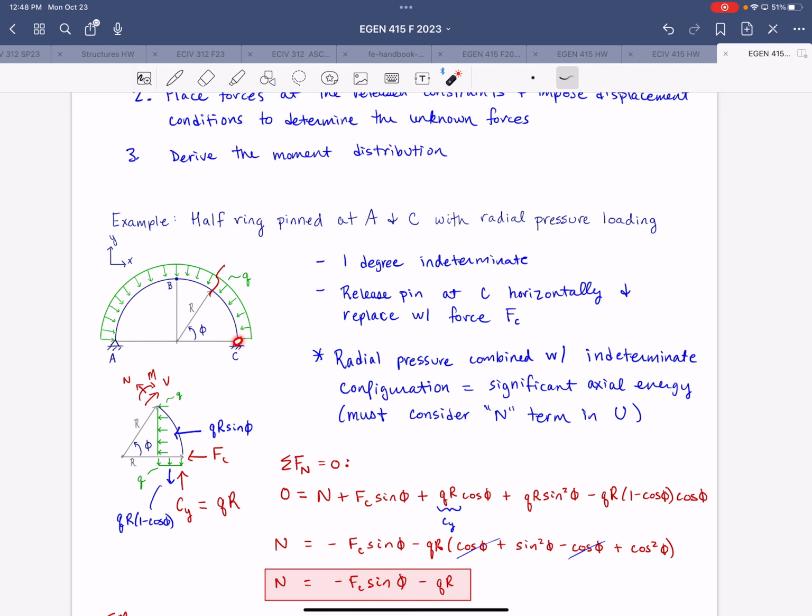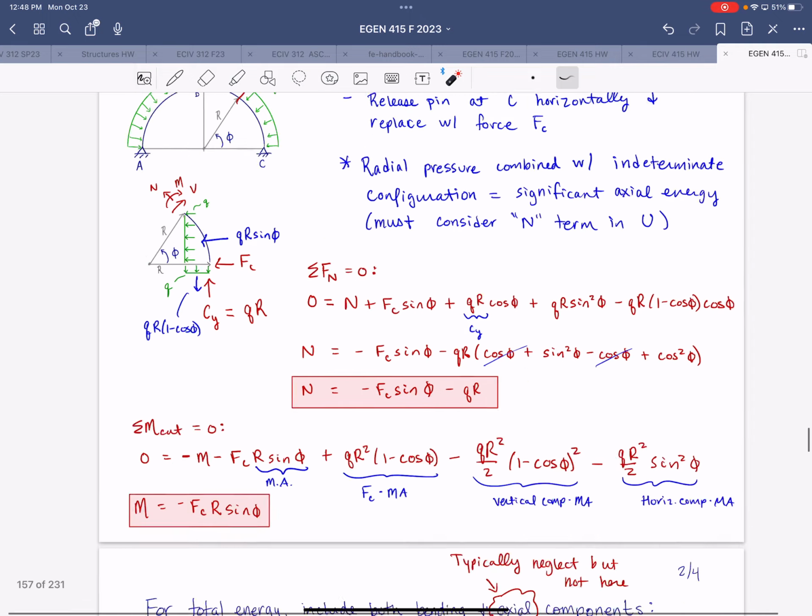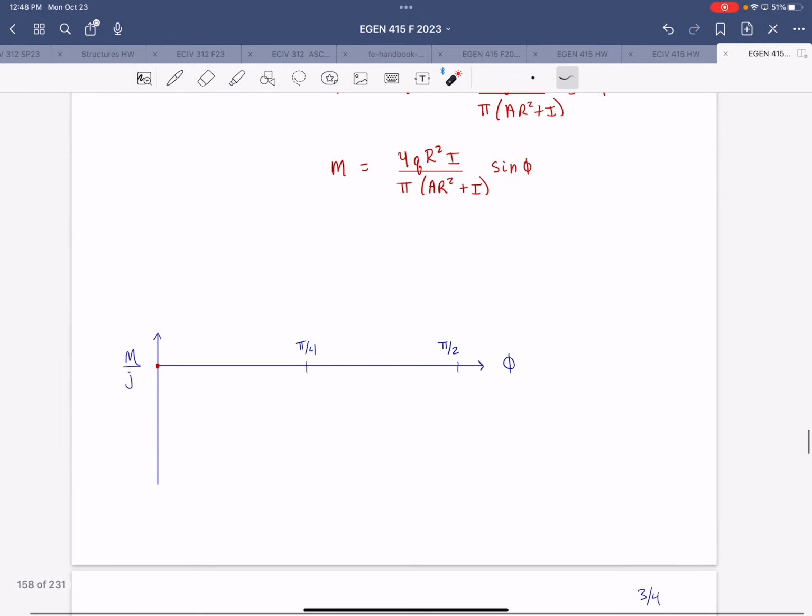So this will be phi of 0, and we'll just plot it to pi over 2 since we know it's going to be symmetric from B to A. So we'll start this plot over here with this point representing C and this point representing B. And in order to plot this, because that doesn't look very fun, I'm going to make our lives a little bit easier and normalize that moment.